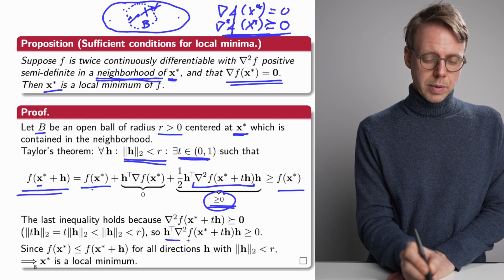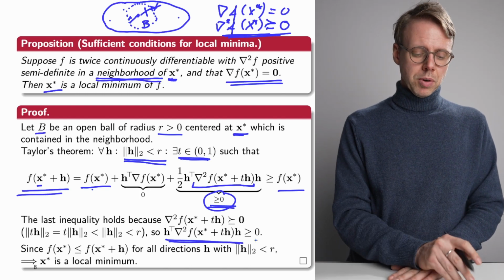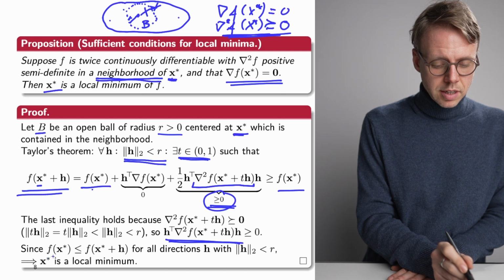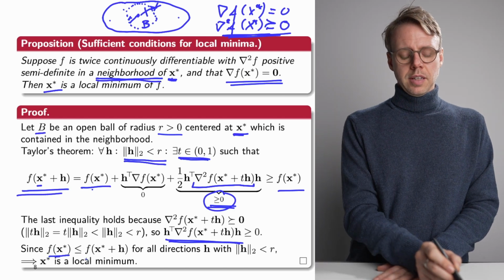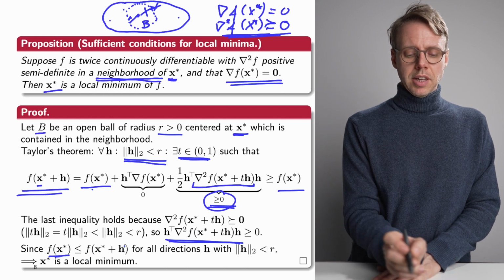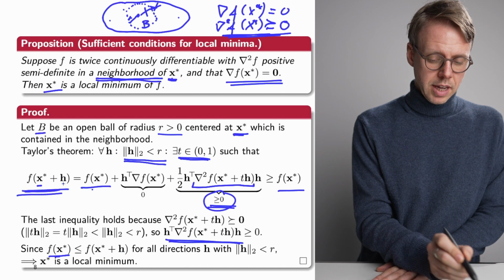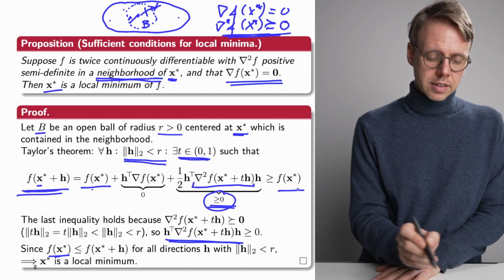Thus, the squared form in this Hessian will be larger or equal to 0. Now, because f of x star is smaller or equal to f of x star plus h, see, f of x star plus h is larger or equal to f of x star.